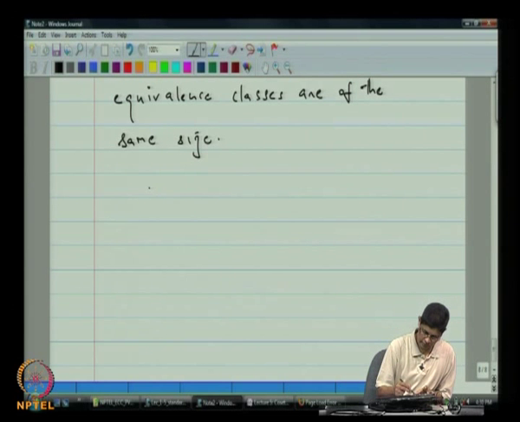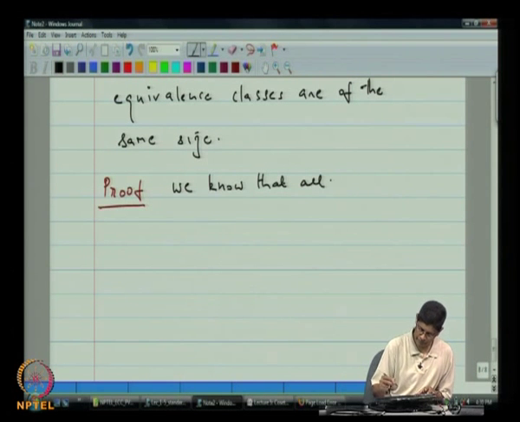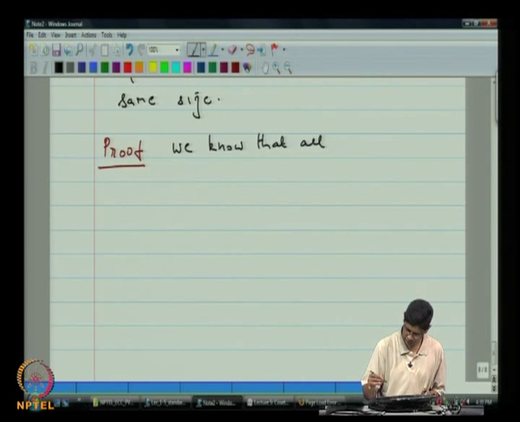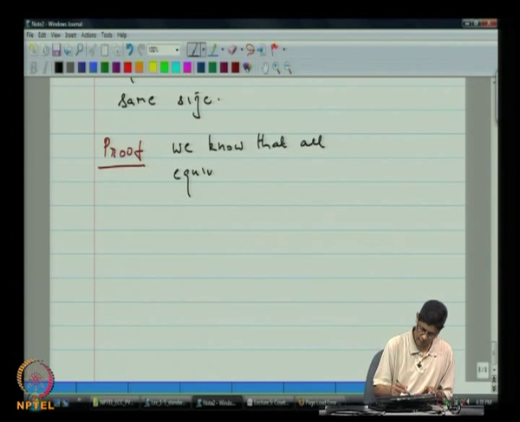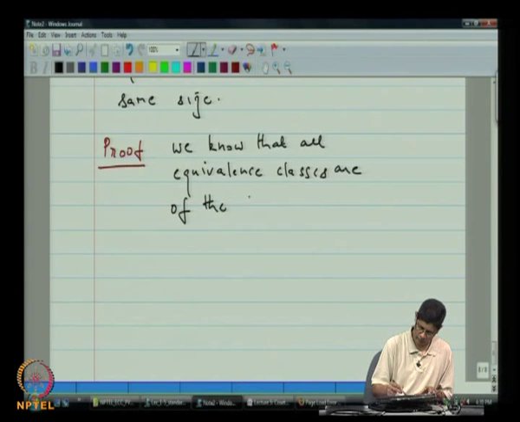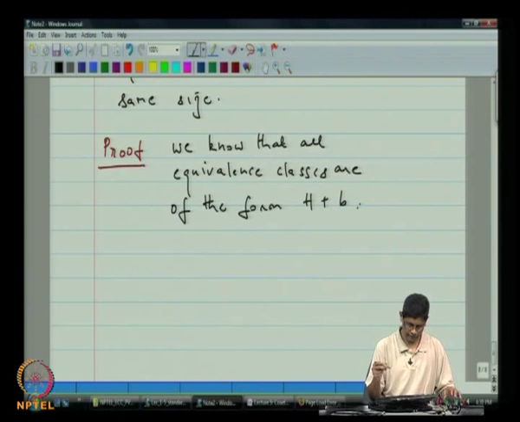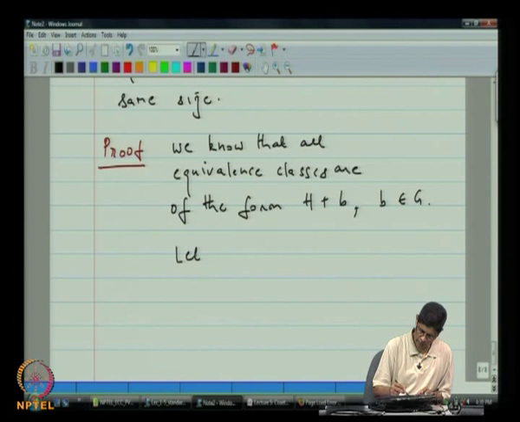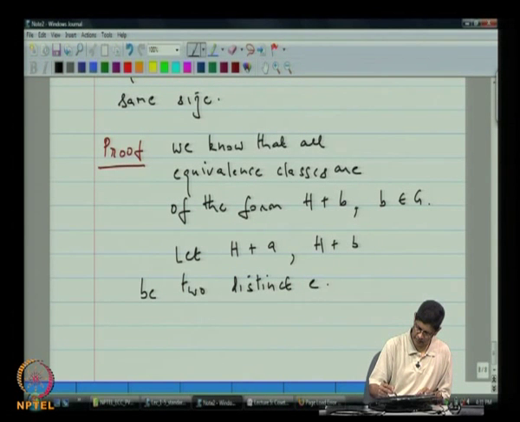Now, the proof of the claim. We know that all equivalence classes are of the form H plus B for some B in G. So, let H plus A and H plus B be two distinct equivalence classes.